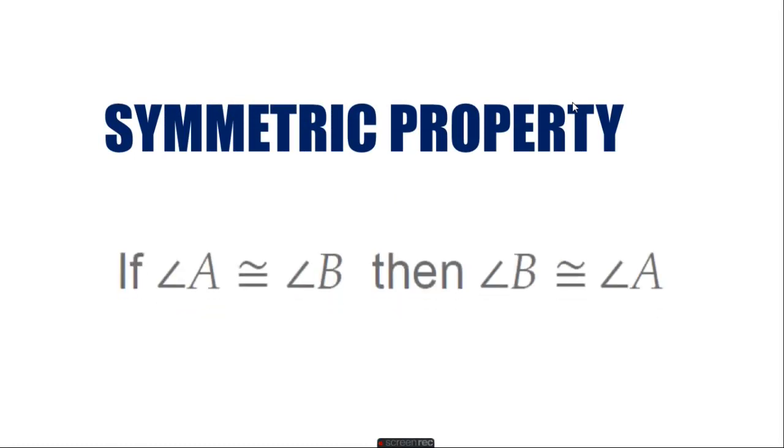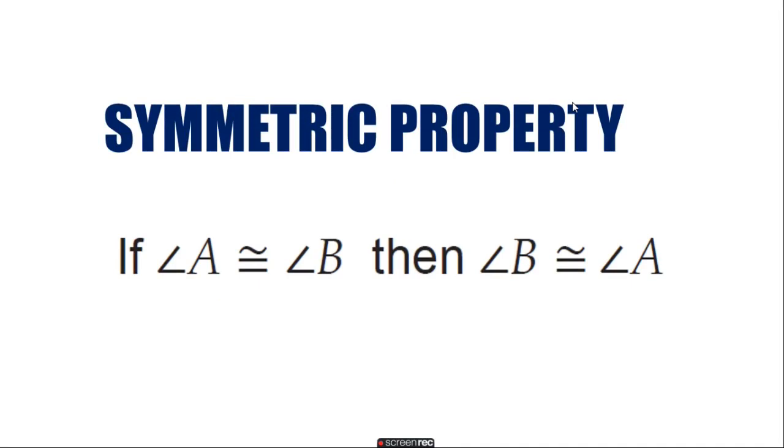Now, we also have what we call the symmetric property of congruence. In the symmetric property of congruence, we say that if angle A is congruent to angle B, then angle B is congruent to angle A. Now, what can you say about the angles?